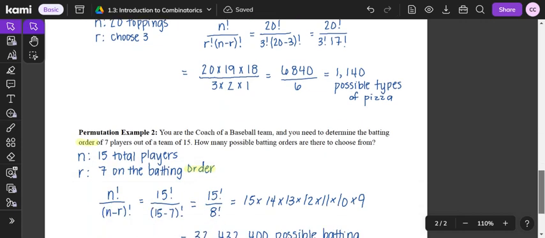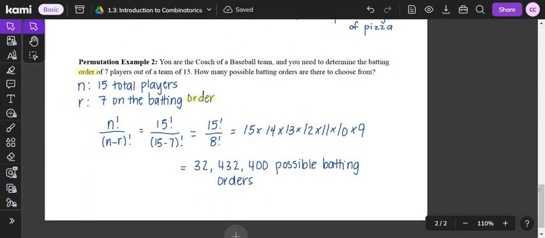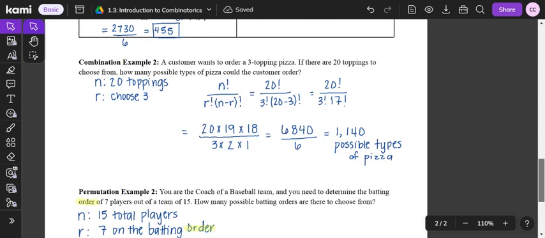And then for the permutation example, if you said N is 15 total players and R is you're arranging 7 of them on the batting order, and I went ahead and highlighted the word order for you because that's how you know this is a permutation, because the order that you arrange those players in matters. If you do the formula on this one, you get 32,432,400 possible batting orders.